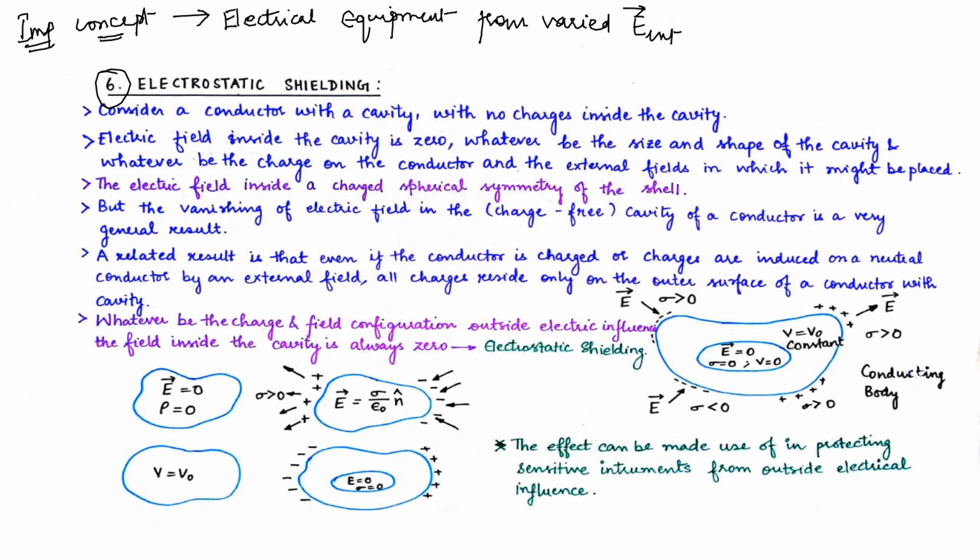Okay, so this concept is an applicability based concept which we see in the electrical equipments in our household. Like we use a fridge, a TV, a bulb, an iron. All these things are electrical in nature, and there is a fluctuation of voltage.